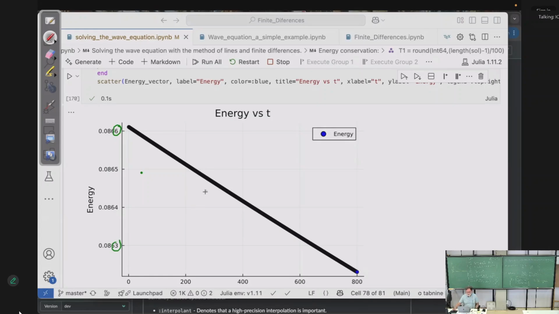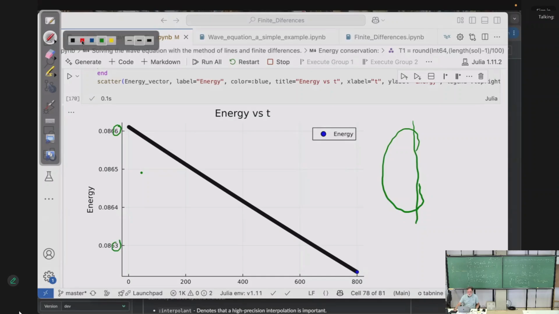So this is this decay, and this decay is because when we look at the stability region, sometimes we are inside these points. Sometimes we are here, say, with some of the eigenvalues, and this here is the function.